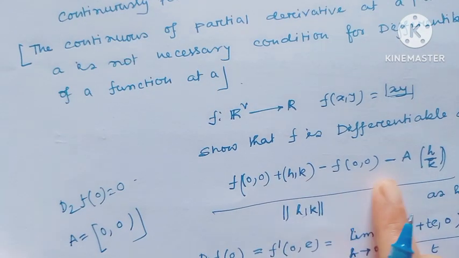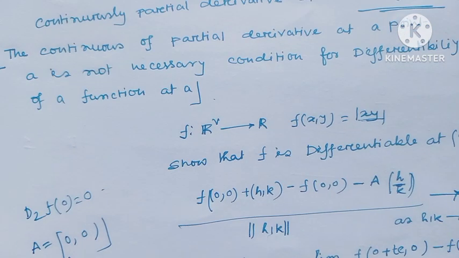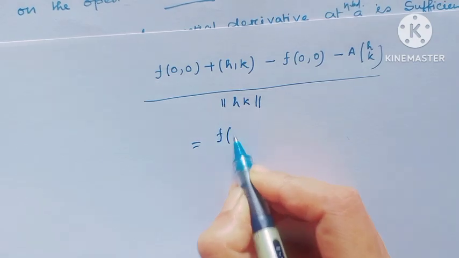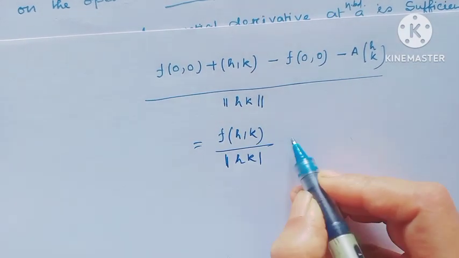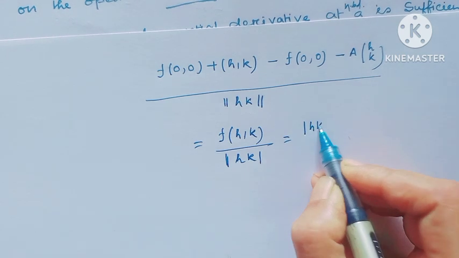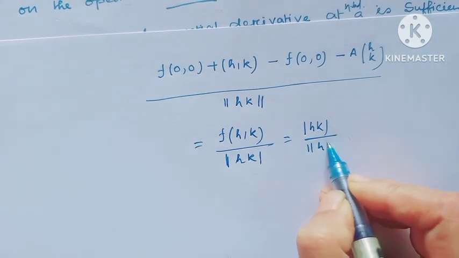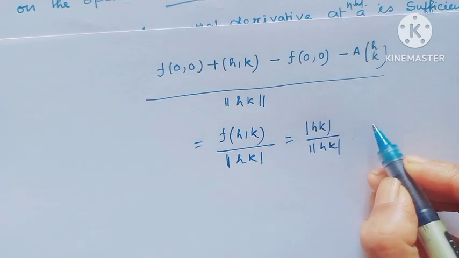Therefore, if we put it here, the value would be f of (h, k) divided by the norm of (h, k), and f of (h, k) means modulus of hk divided by the norm of (h, k).